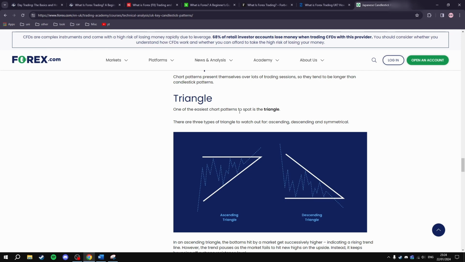Triangle. One of the easiest chart patterns to spot is the triangle. There are three types of triangle to watch out for: ascending, descending, and symmetrical.